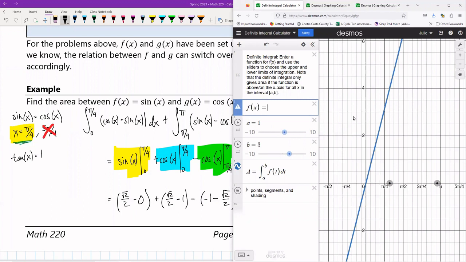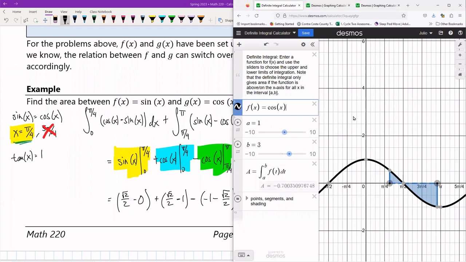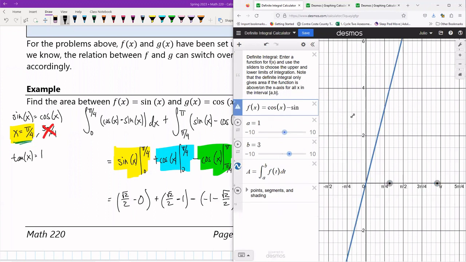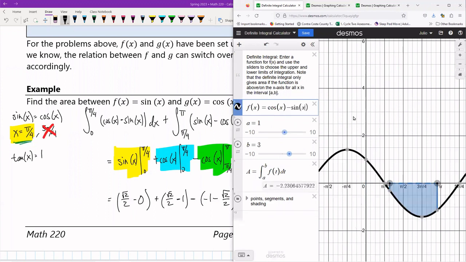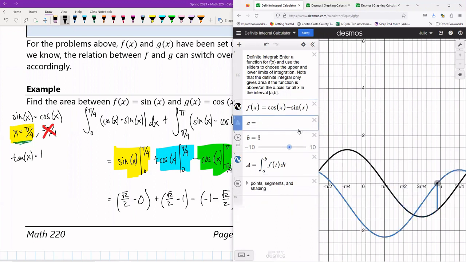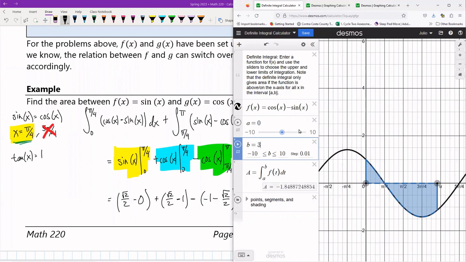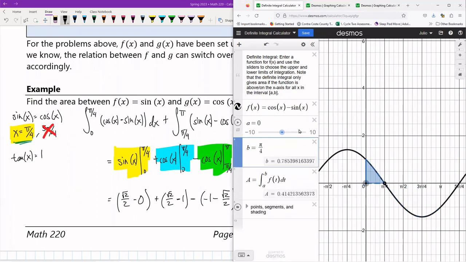So from 0 to pi over 4, that's cosine of x minus sine of x. So I'm going to do cosine of x minus sine of x, and I need it from 0 to pi over 4. So I'm going to change this to pi divided by 4.